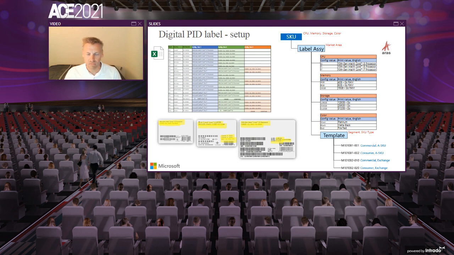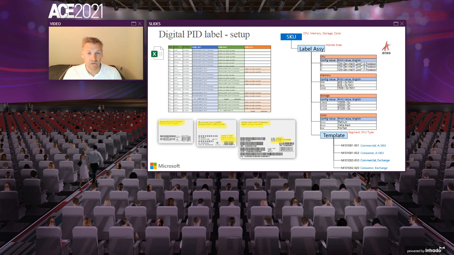Every single SKU, sometimes 1,500 lines of Excel manually created, and those dynamic text values individually assigned for every single SKU. There on the bottom, you see a sample of those labels that you find out when you go and buy your Surface device.